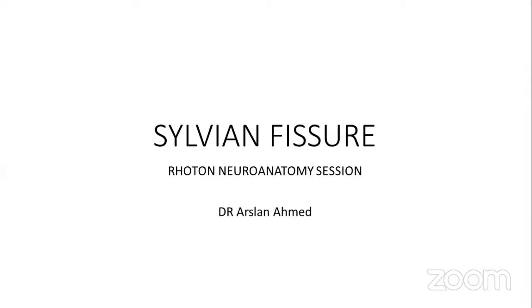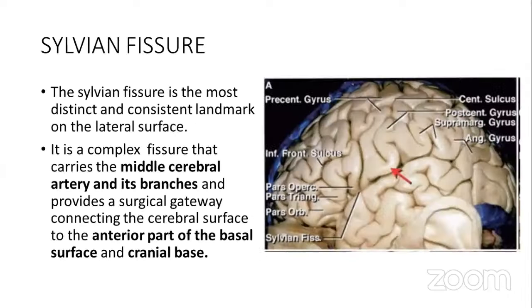Today we are going to discuss the Sylvian fissure, or the lateral fissure, or the main highway that could lead us to the major surgical procedures related to the base as well as to the vascular anatomy of the cranial base. So let's start from the introduction of the Sylvian fissure.